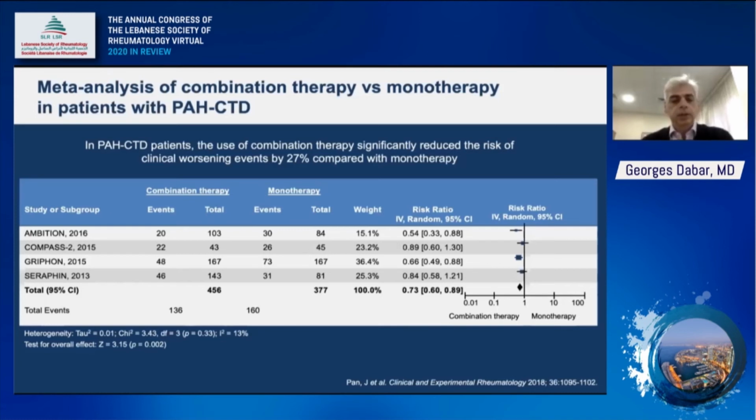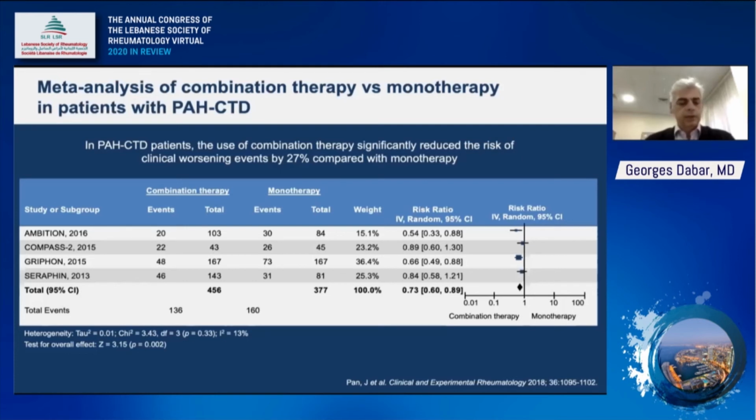This is from the compilation of 4 major studies where combination therapy was used versus monotherapy: the Ambition, Compass-2, Griffin, and Seraphin studies. The result of the meta-analysis is in favor of a 27% reduction in any event for combination therapy compared to monotherapy.